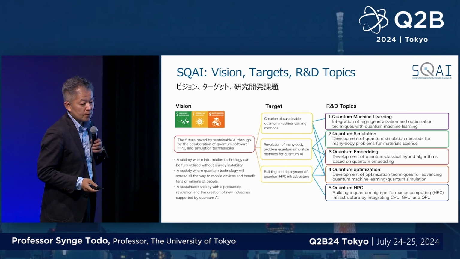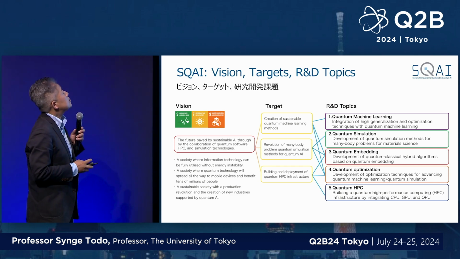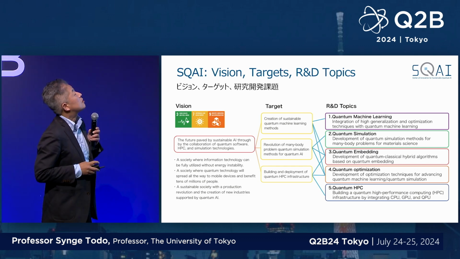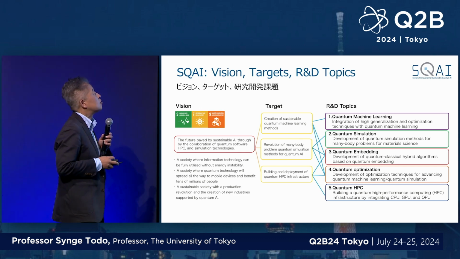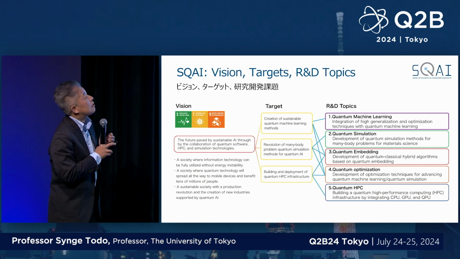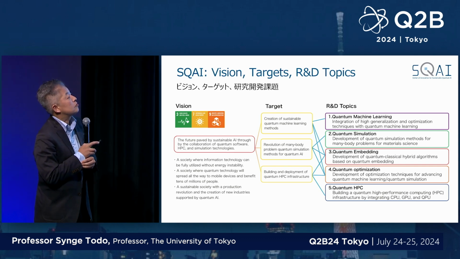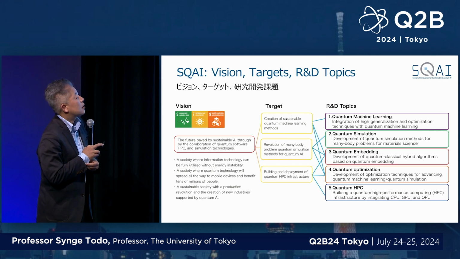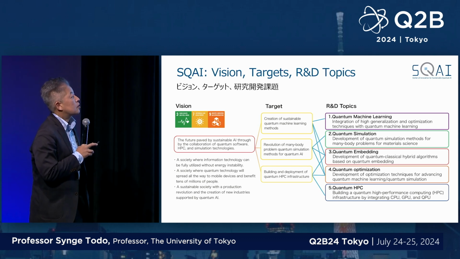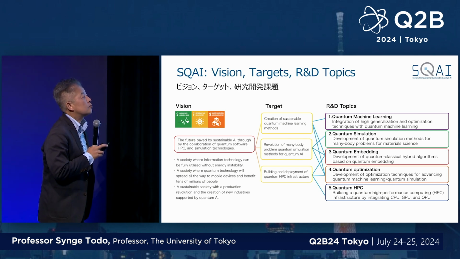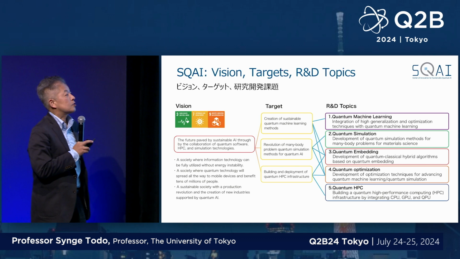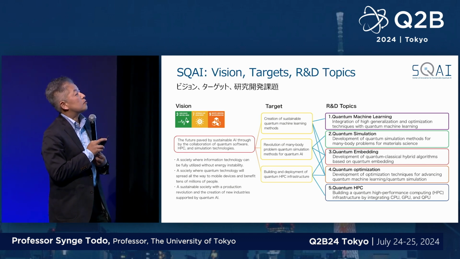Our targets are, as you can see, the final target, as I have explained, is to create sustainable AI. AI itself needs to be sustainable. And we have specific target sets. Quantum machine learning methods development is one, and we want to develop methods for quantum simulation. And to make it possible, a quantum HPC hybrid infrastructure needs to be established.